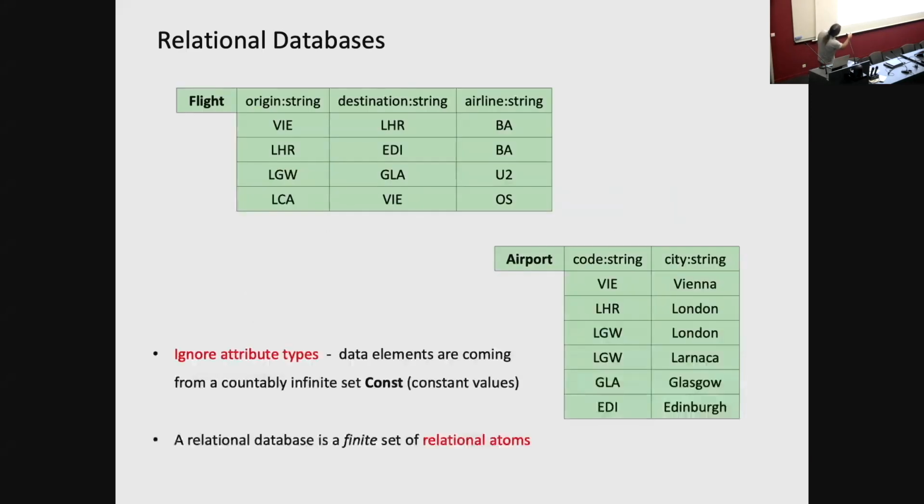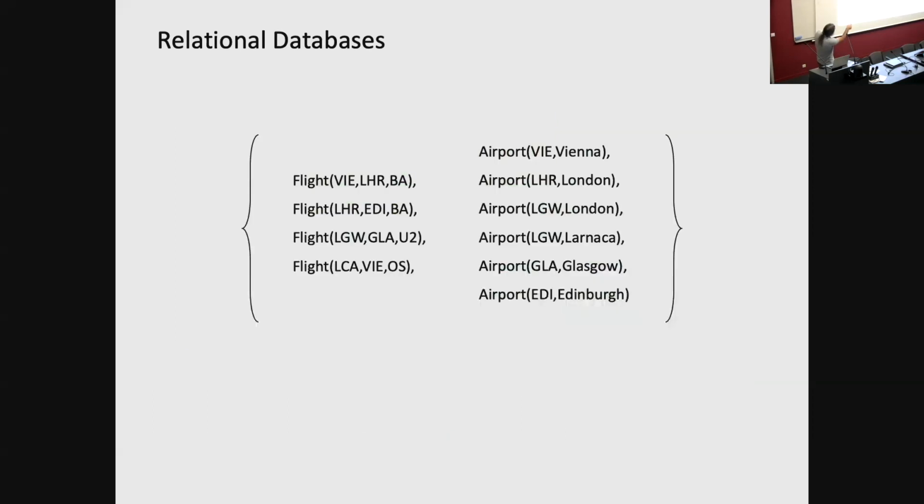As you can see, each table here can be very naturally translated into a set of relational atoms. So the four tables in this flight relation can be converted into these four relational atoms, and the airport table can be converted into this set of relational atoms.